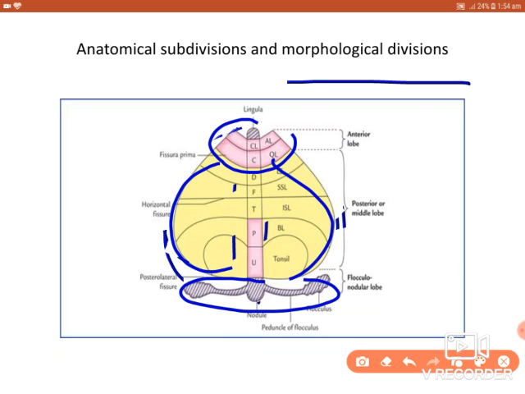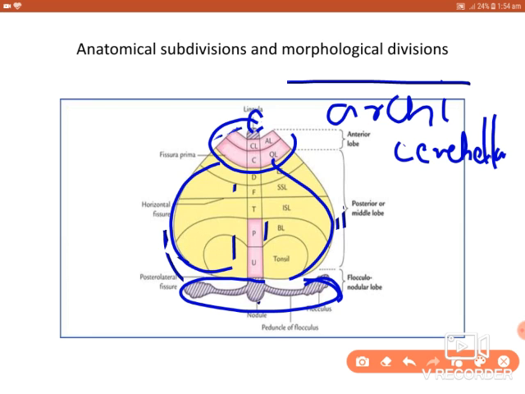In that floccular nodular lobe with this lingula belongs to the archicerebellum, that is the oldest one. Then this anterior lobe with this pyramid and uvula of the posterior lobe belongs to this paleocerebellum, that is also old one.